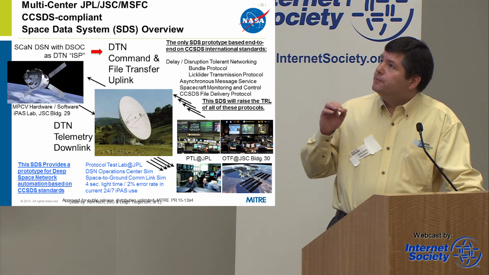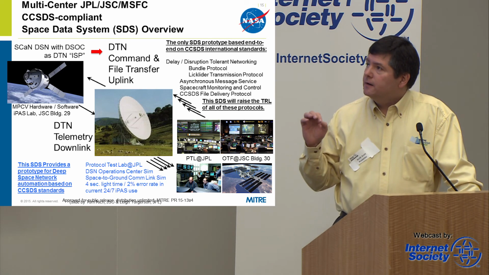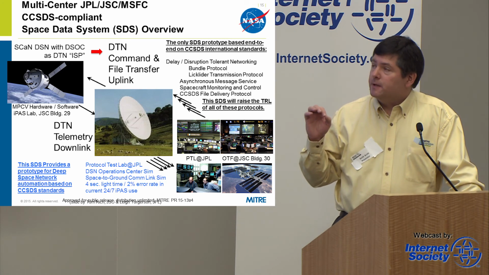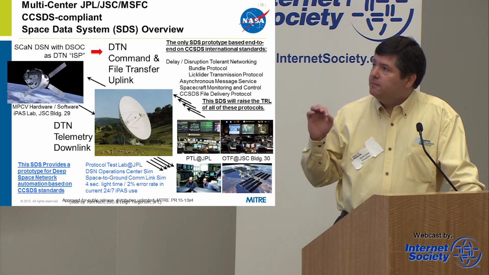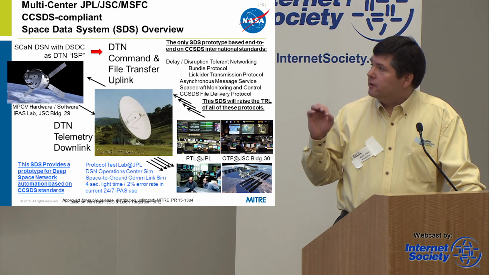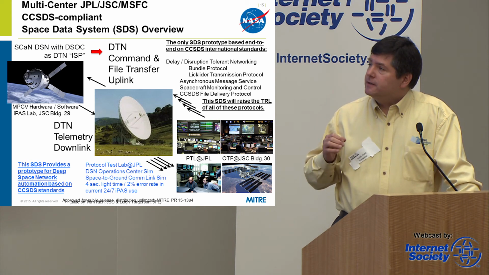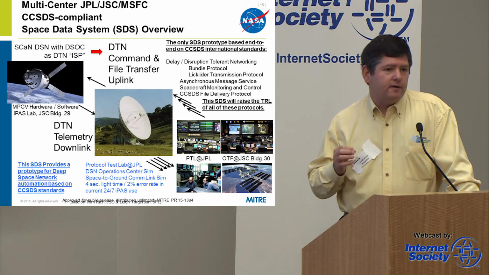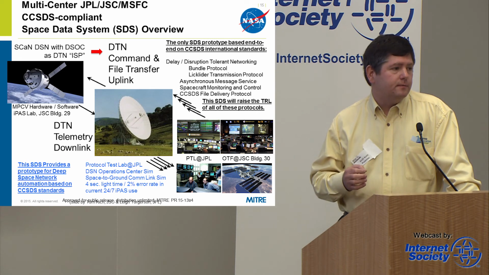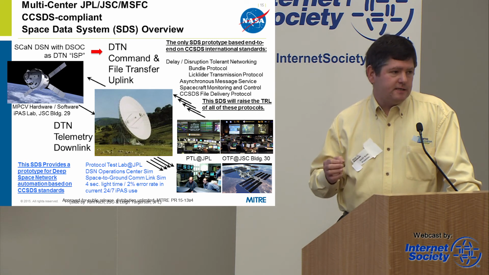So, this is some work that's been going on in various places, in the IPAS lab at JSC and the Protocol Test Lab at JPL. What they did was essentially build up a spacecraft monitor and control system that was completely based on CCSDS protocols, including DTN.